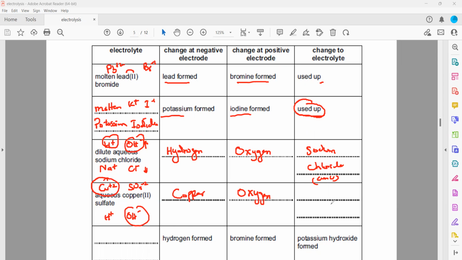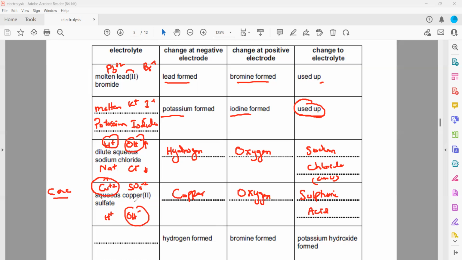And what is this electrolyte? H2SO4, which is also known as sulfuric acid. So the electrolyte will turn into H2SO4, which is sulfuric acid. They did not mention whether it's dilute or concentrated, but that does not make a difference to the result.